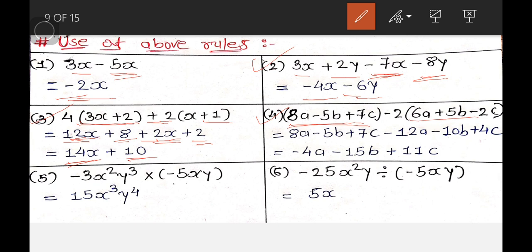Now in the second bracket we multiply by minus 2, so minus 2 multiplied by 6a gives minus 12a. Now minus 2 multiplied by plus 5b gives minus 10b. Now minus 2 multiplied by minus 2c gives 4c.